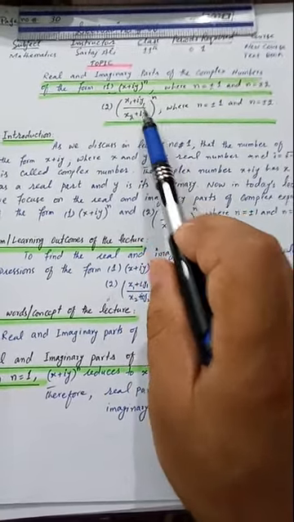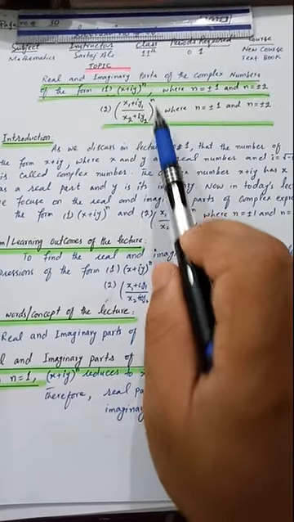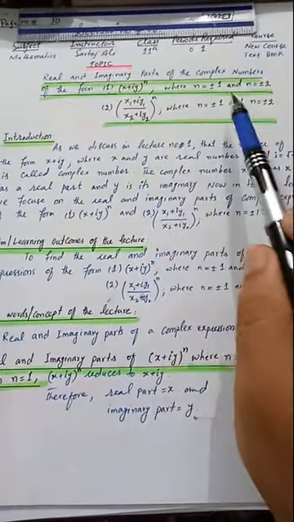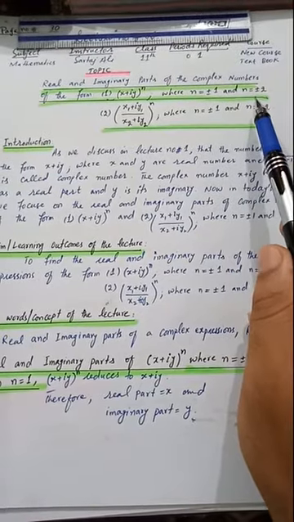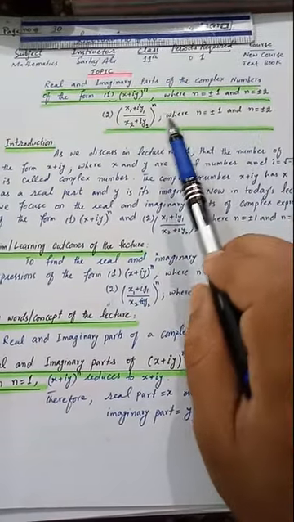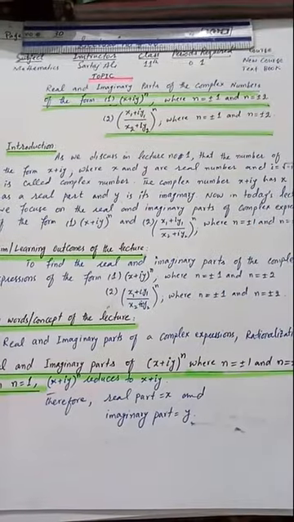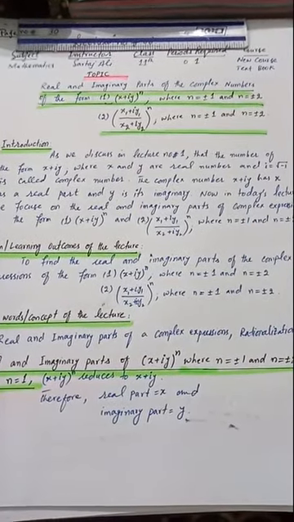In the numerator there is a complex number, in the denominator there is a complex number, and there is a whole power n. This n is equal to plus 1 or minus 1, or n equal to plus 2 or minus 2. So the values of n may be 1, minus 1, plus 2, or minus 2.